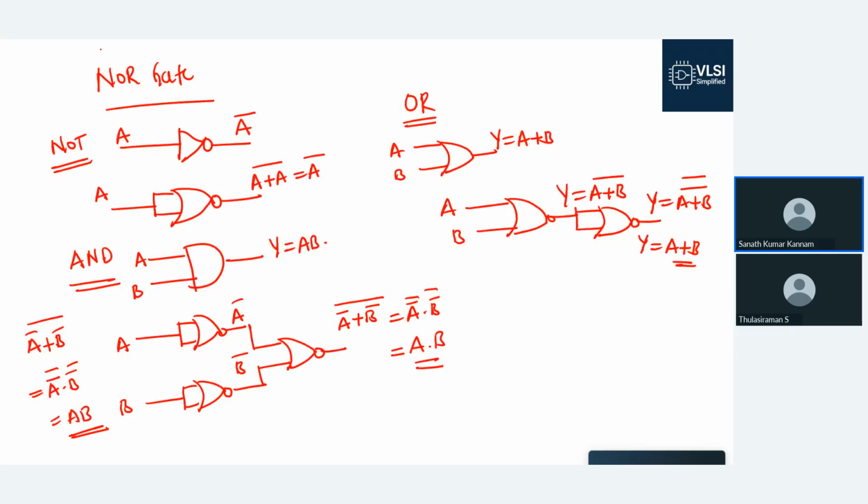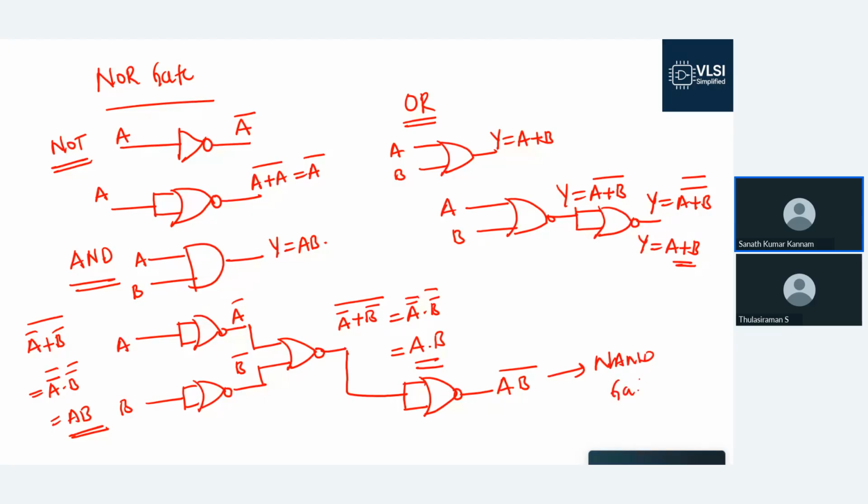And next I need to implement the NAND gate. So how are you getting the NAND gate? From here itself you get the NAND gate. See here, this output is given to one more NOR gate, inputs tied together. So this is (AB) whole bar, which is nothing but the NAND gate.